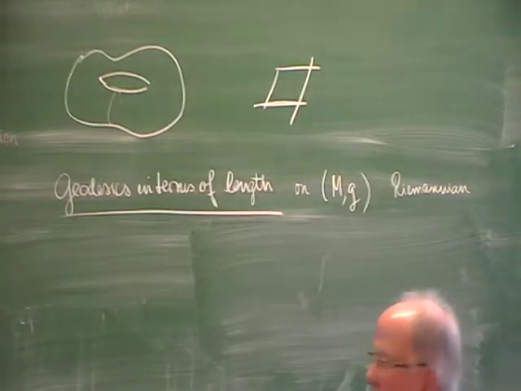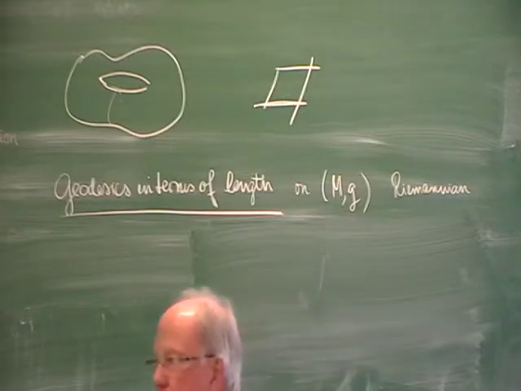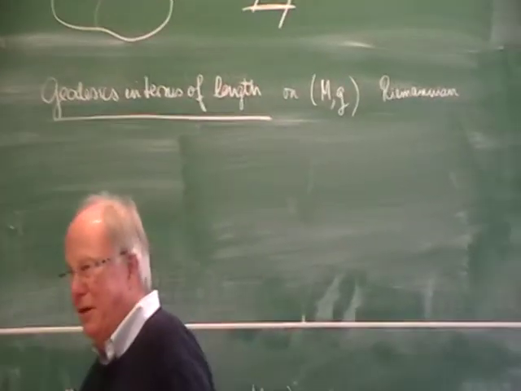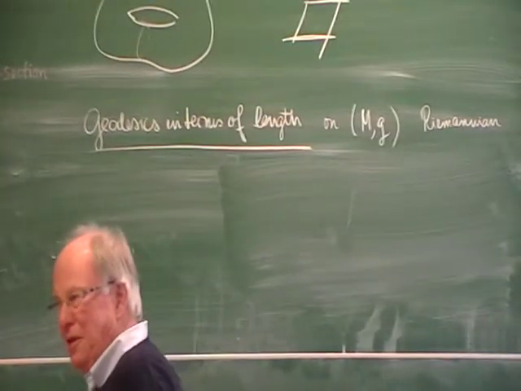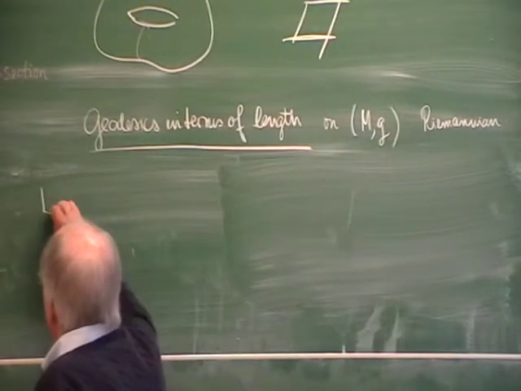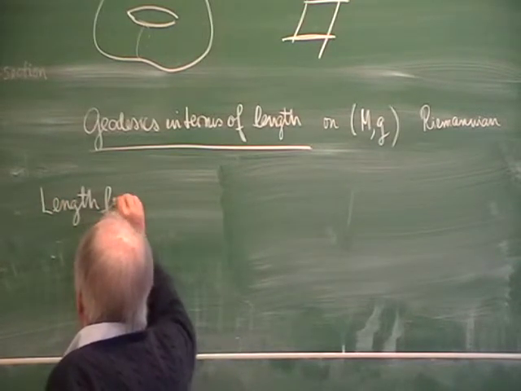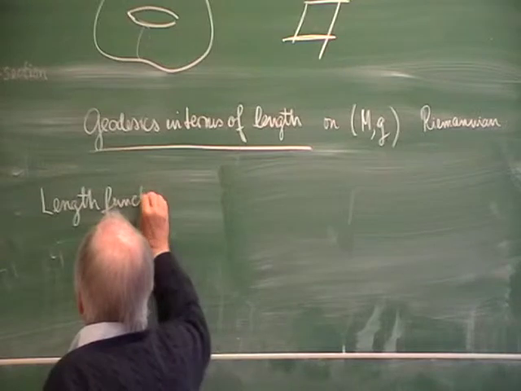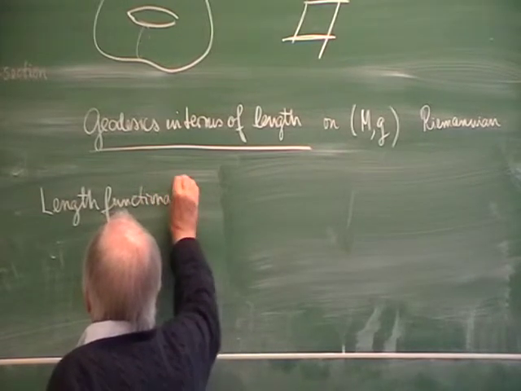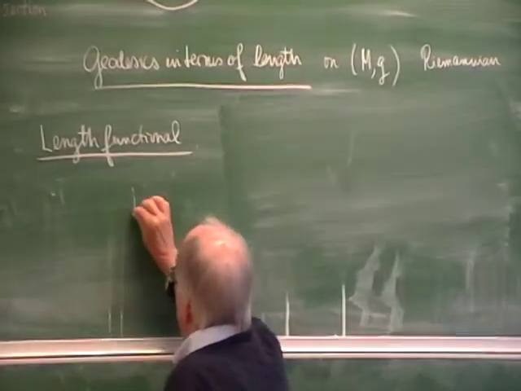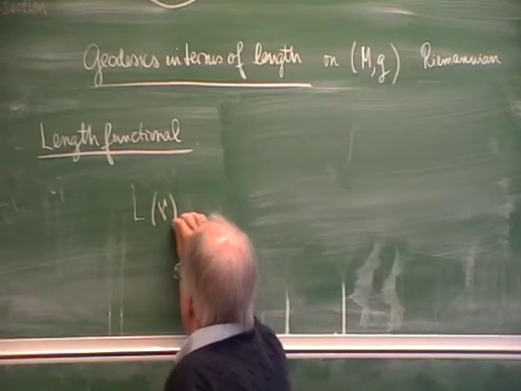And so, in deference to the naive mathematician, we will first define a mathematical notion. It's called the length functional of a curve. So the length of gamma.